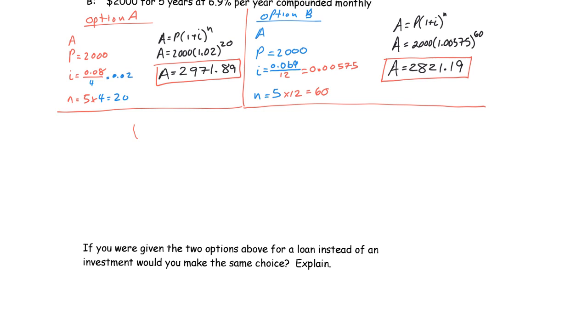For option A, the interest is equal to $971.89.